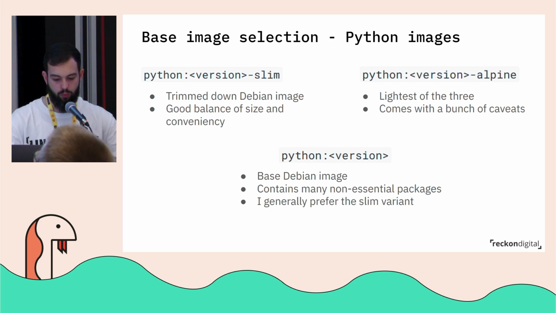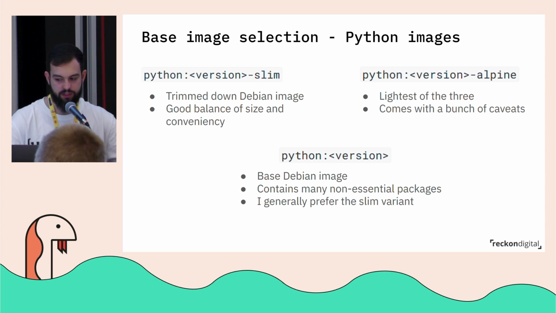So in order to know how to reduce the size, I will briefly go over the base images that we have on Docker Hub for Python. To sum it up, the preferred one has usually been the slim variant. The slim variant is a kind of trimmed-down Debian image. I think it's a very good compromise between size and convenience.